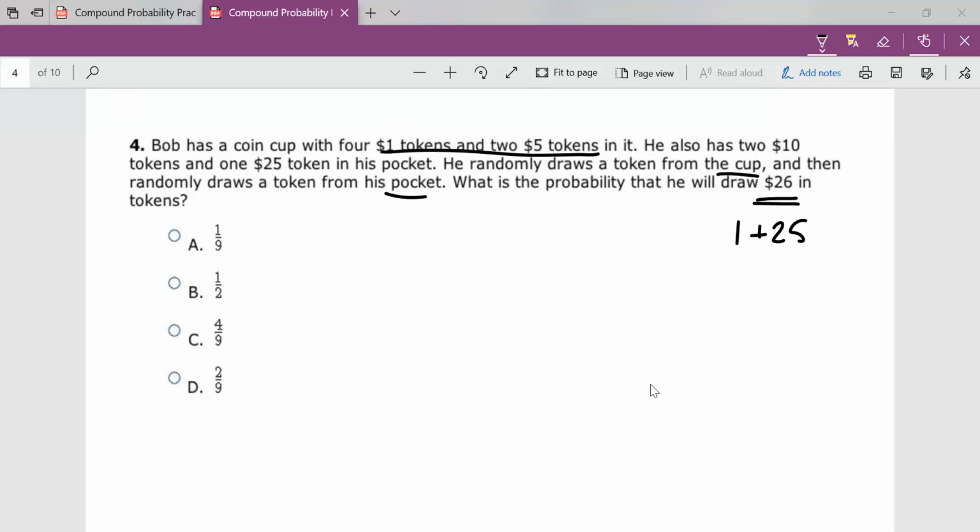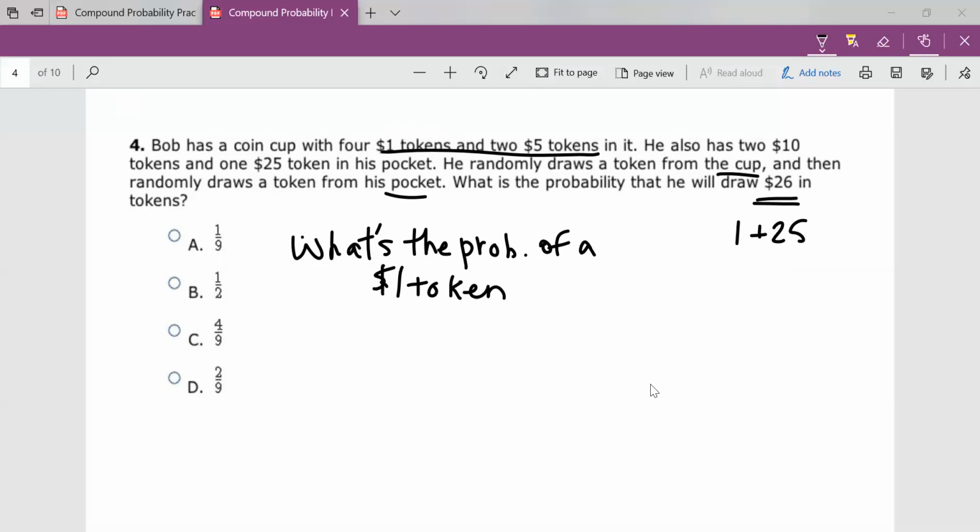So I'm going to just change this question to read, what's the probability of getting $1 token?